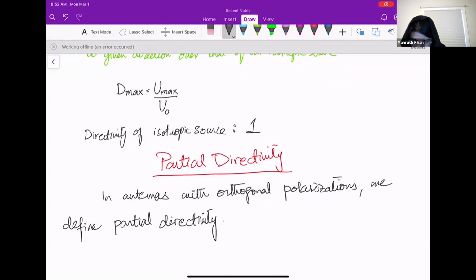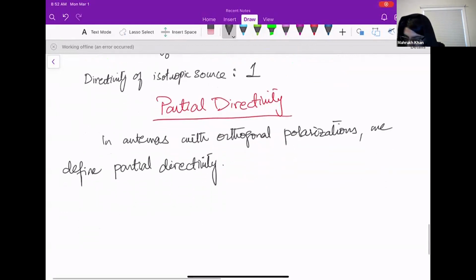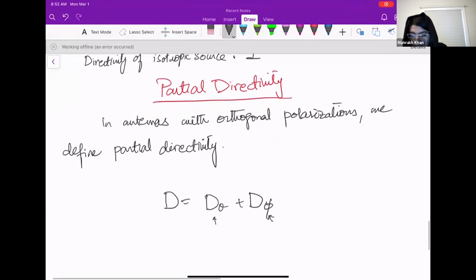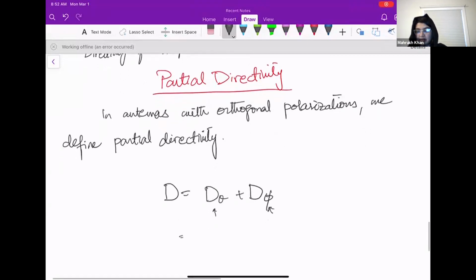To make it simpler, D is D theta plus D phi. It is possible that your antenna sends energy only in the theta direction or only in the phi direction, and depending on this, it's defined as partial directivity.